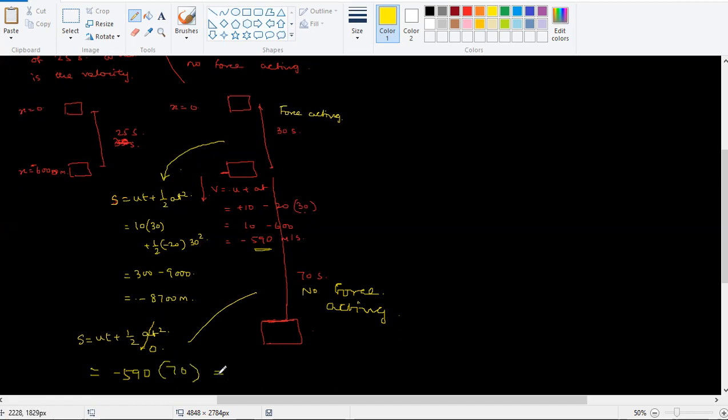Anybody? Any number? 9, 7, 3, 6, 45 plus 6, 41. Is that right? 41,300 meters. So that is the displacement for the second part. The first part is 8,700.